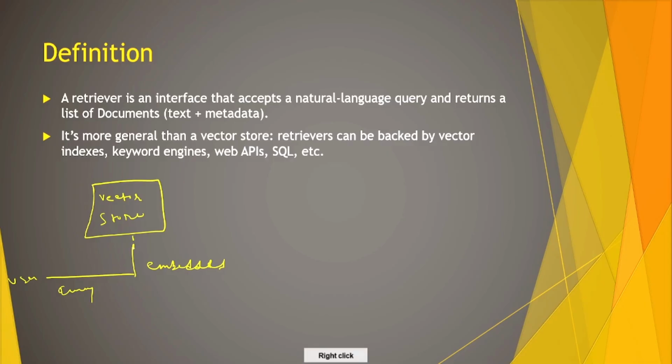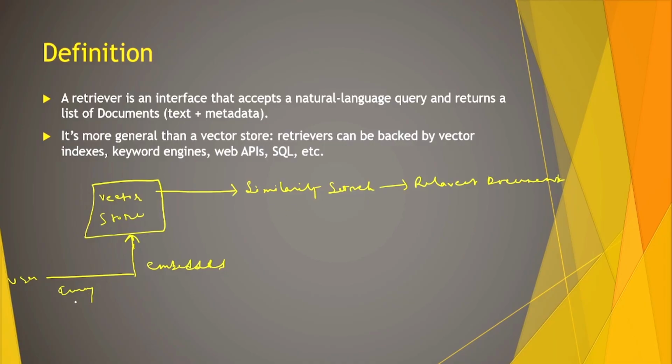And this embedded vector goes to the vector store. Then the vector store performs the similarity search operation and gets all the relevant documents. Right, we have already shown these examples.